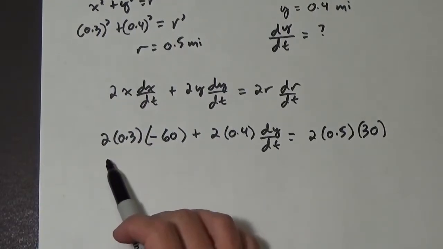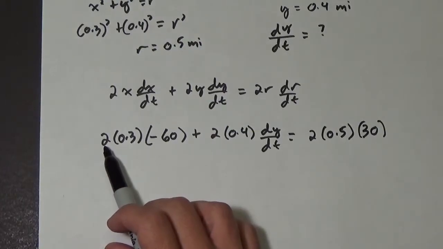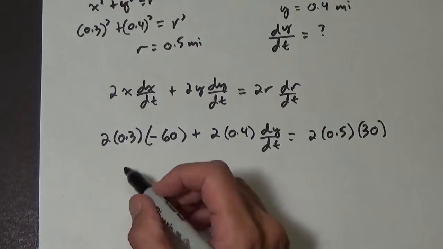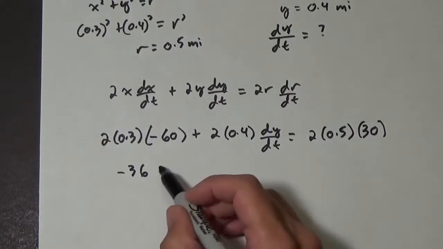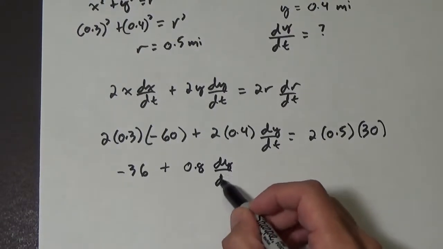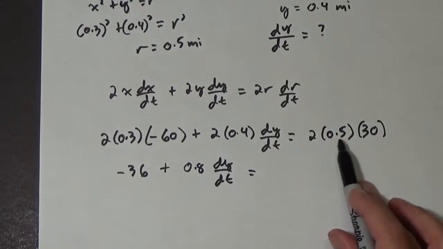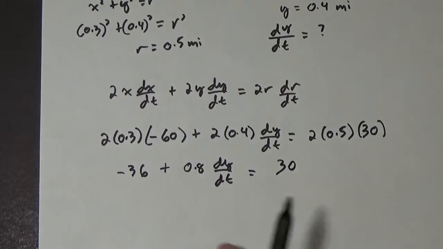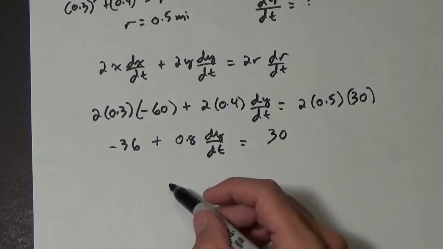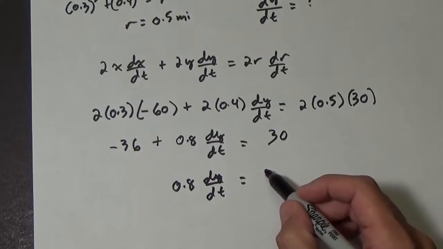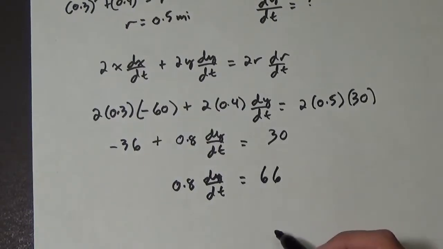Good. Okay, so let's simplify. 2 times 0.3 is 0.6, times negative 60 gives a negative 36, plus 0.8 dy/dt equals, well, 2 times 0.5 is 1, so 30. We add 36 to both sides, so we have 0.8 dy/dt equals 66.